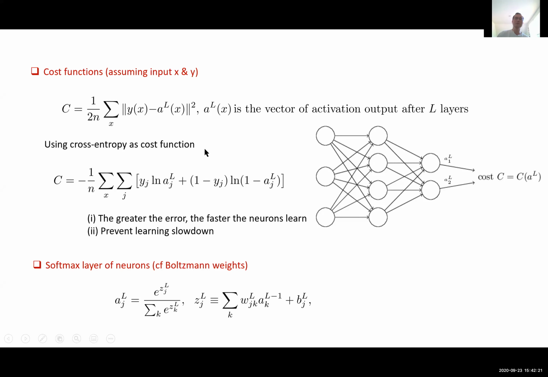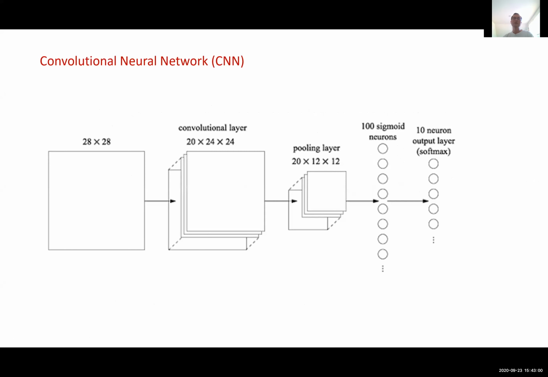In this case, maybe we want to do classification of 0, 1, 2, 3, 4, the 10 numbers that you want to classify. These y are labels of that in vectors. So basically, if you optimize, the cost function should be as small as possible. Okay, but these are really some details of how you design the neuron, and how you pick the cost function is also not necessarily fixed.